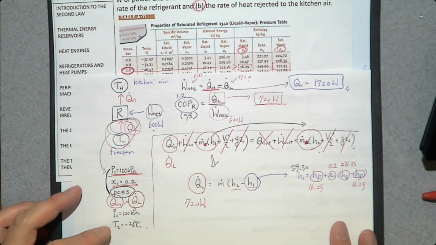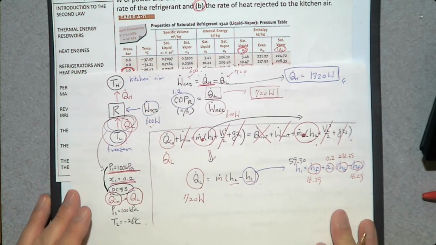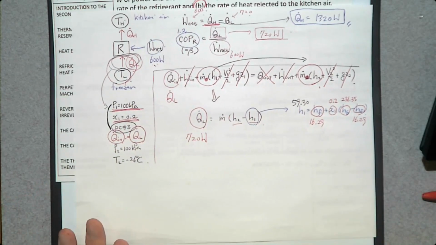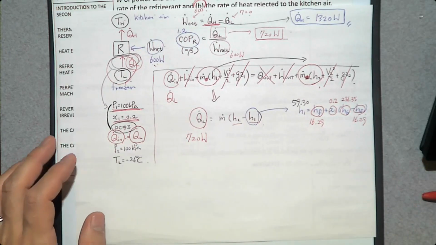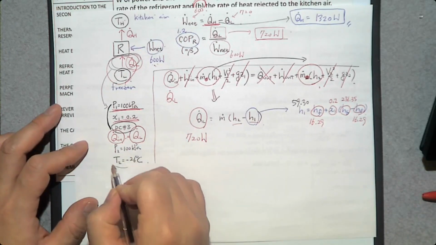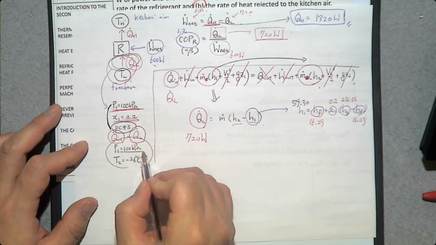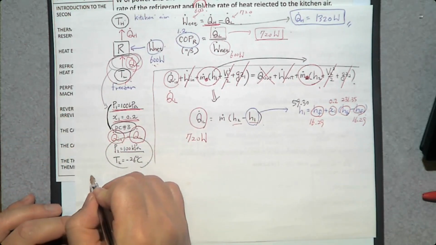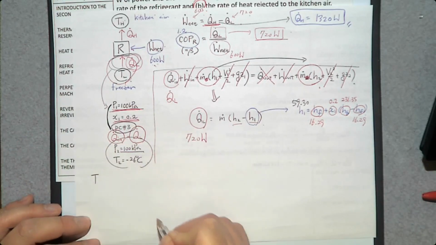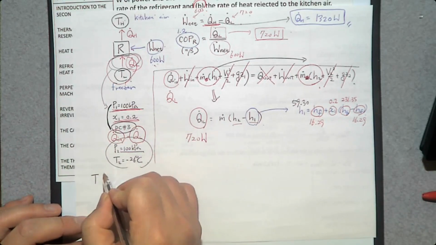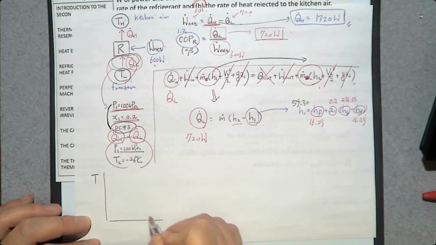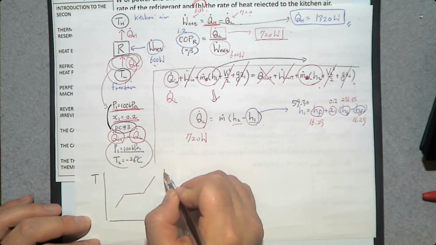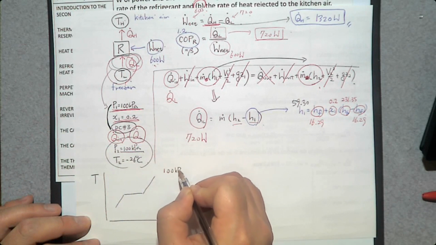What about h2? We have pressure and temperature. Then can you determine h2? Yes, but we need to know the phase change process. So let's do that. We can use this pressure to make a T-h diagram, and we can determine the phase change process. The T-h diagram looks like this, and pressure is 100 kilopascal.